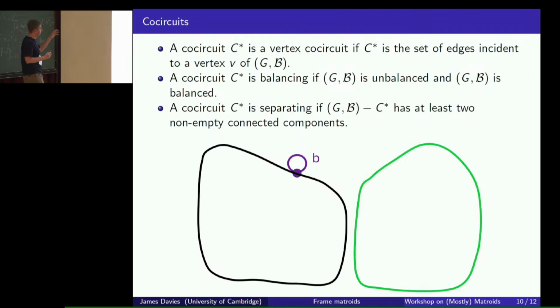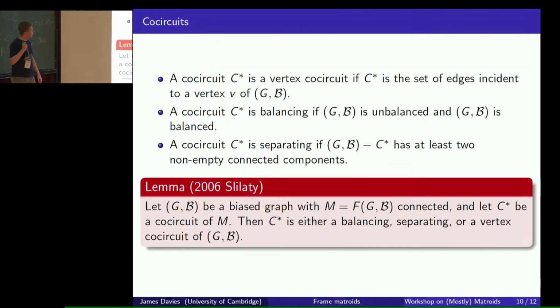So these are really the thing that you have to fight with. And because we have these inequivalent representations with twisted flips, these co-circuits can turn up. But then the nice thing is that really these are the only types of co-circuits. We only ever have vertex co-circuits, balancing co-circuits, and separating co-circuits. So this is really the starting point for going down the road of understanding inequivalent representations.